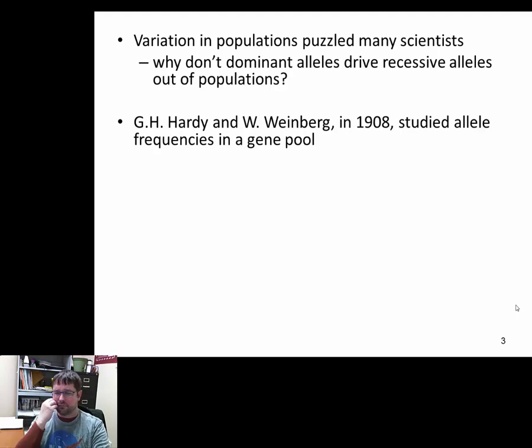So maybe you go to a population and collect data in 1910, and you come back in 1915, and you see, well, is the population still roughly the same number of dominant individuals and the same number of recessive individuals?